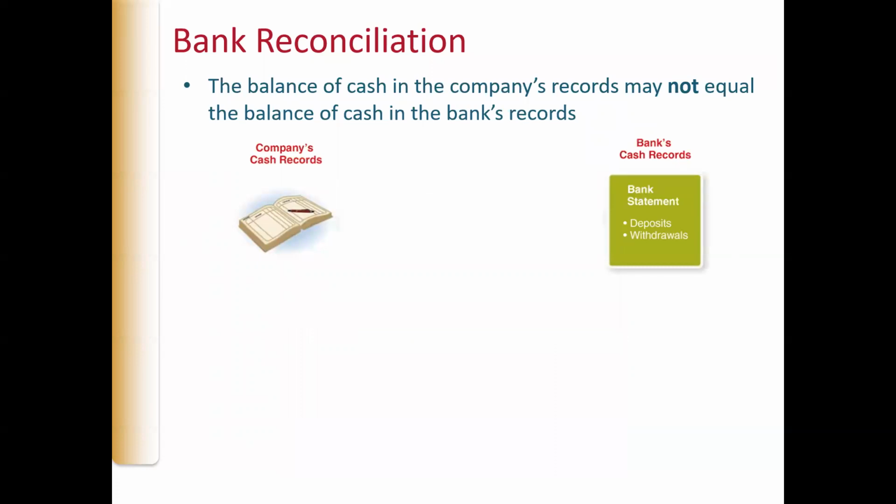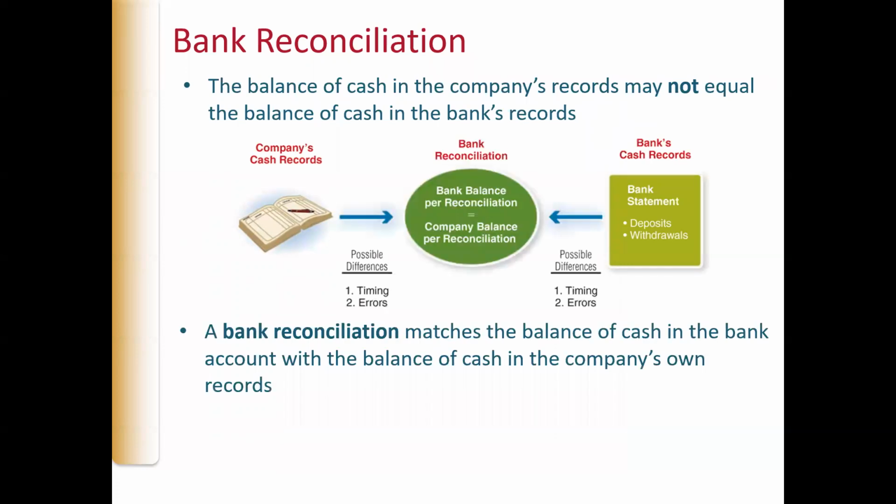Know that the balance of cash in the company's records probably won't equal the balance of cash in the bank records, and it's because of timing. A bank reconciliation matches the balance of cash in the bank account with the balance of cash in the company's own records.